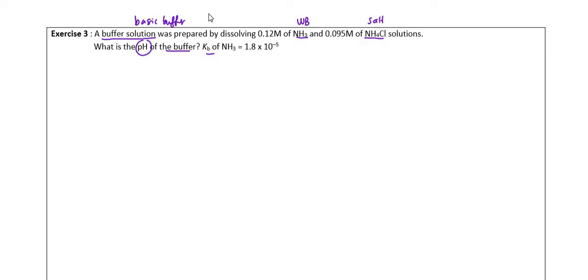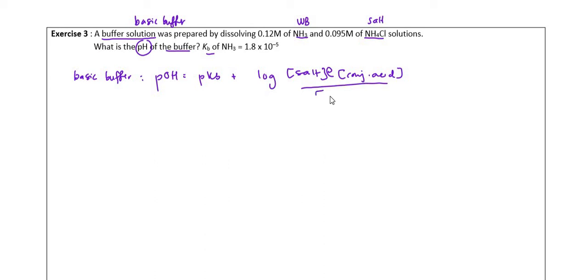If you want to use the Henderson-Hasselbalch equation, which one, pH or pOH? Since this is a basic buffer solution, you must use pOH equals pKb plus log salt or conjugate acid over concentration of weak base.